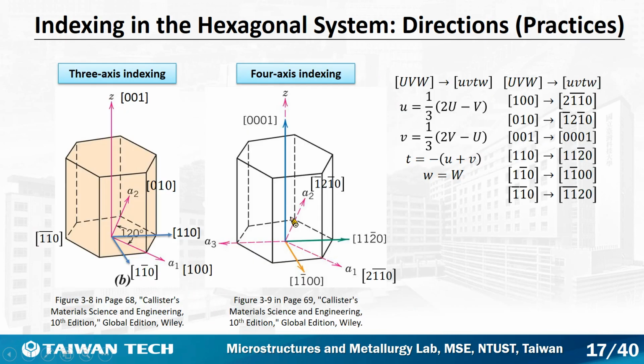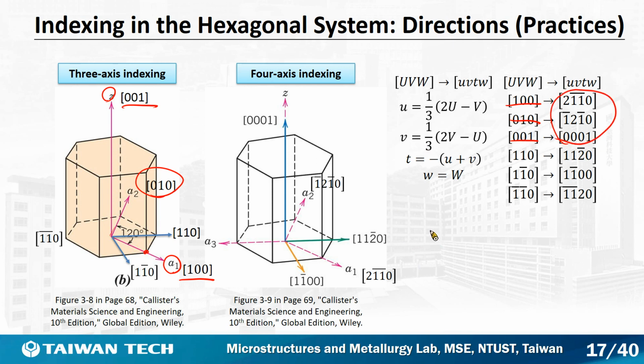And let's do some practice. As we said, we first do the 3 axis system and then convert it to the 4 axis one. So first, we have an example. This is a1, right? This direction means 100, and this a2 is 010. This is a direction, not a plane. And this z is 001. Let's see how to get this into the 4 axis.